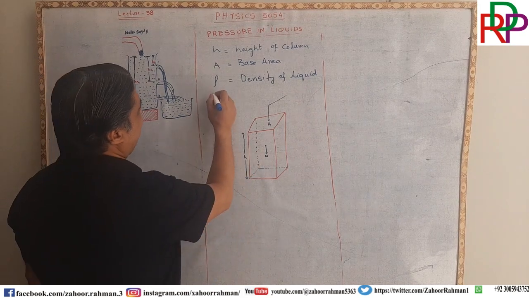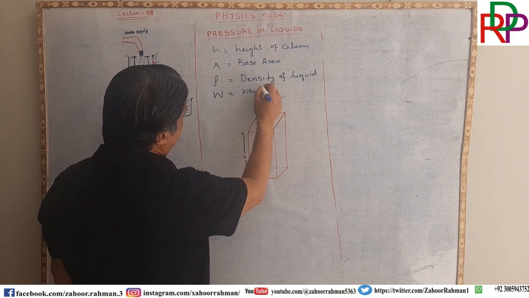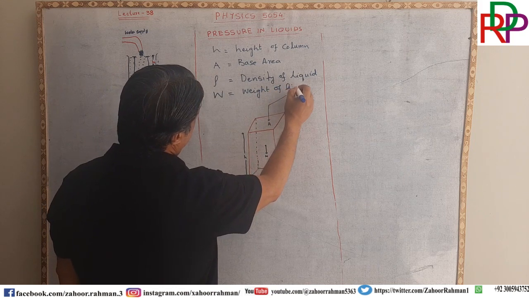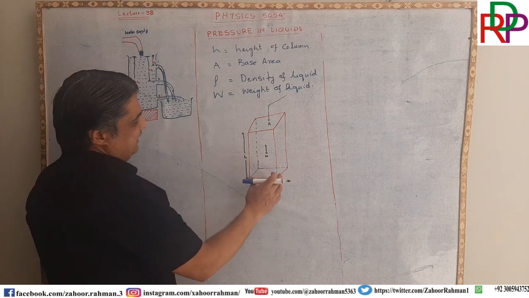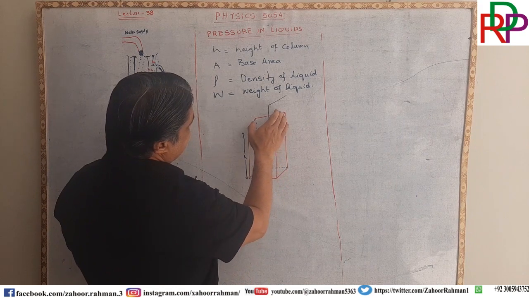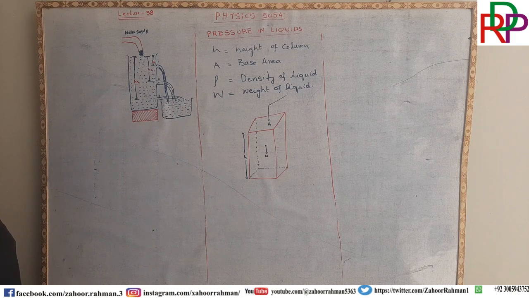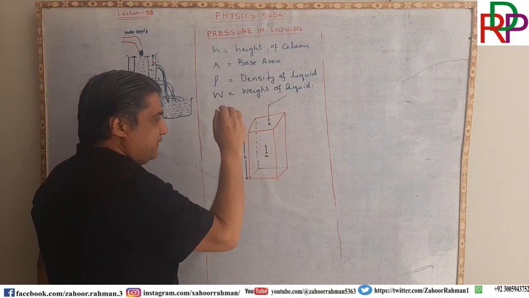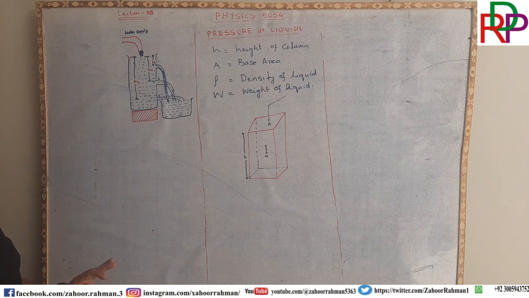W is the weight of the liquid. First we will explain that this shape is a cuboid, and you have to consider that this cuboid is filled with the liquid. In this particular case, we are generalizing it, so we will not take the name of a particular liquid. We are saying that it is a liquid.